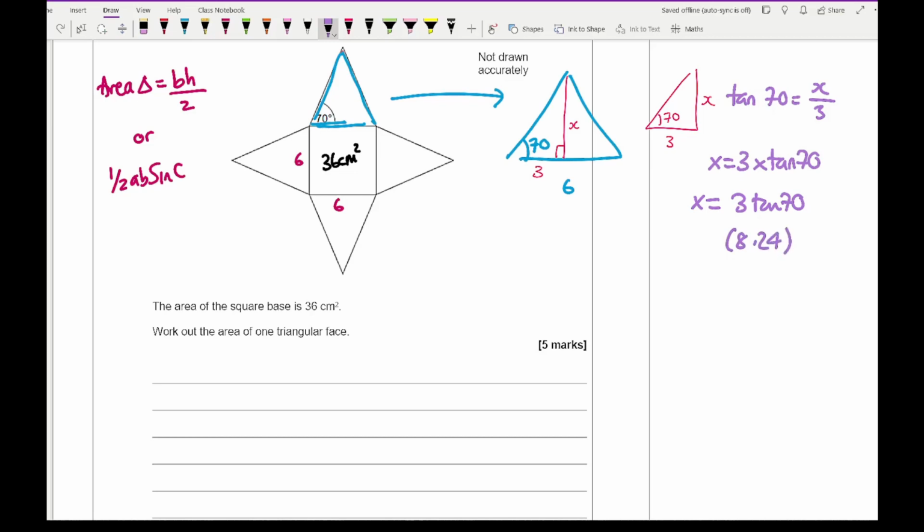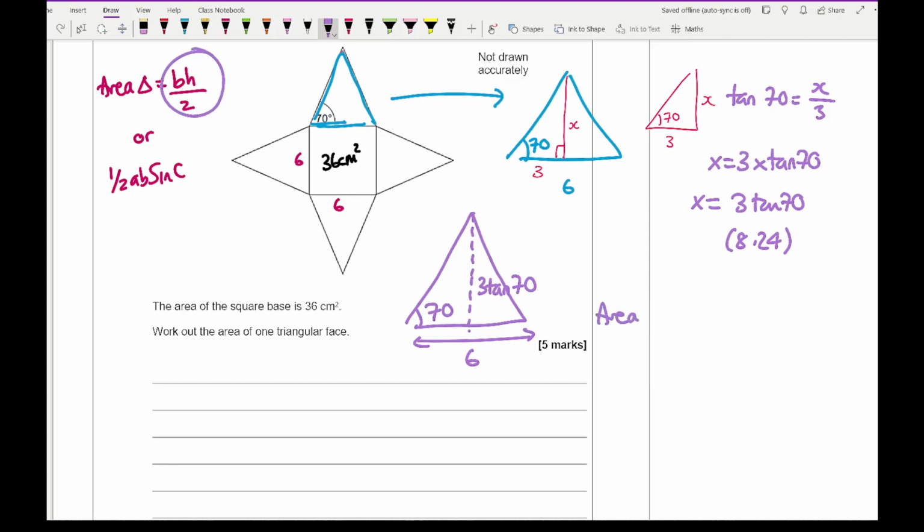Now that is the height of one triangle. So then going back to this triangle, we've got this angle here of 70. I know that this here is 3 tan 70 and this length here is 6. So then using base times height divided by 2, the area is going to be 3 tan 70 multiplied by the base, which is 6, all divided by 2.